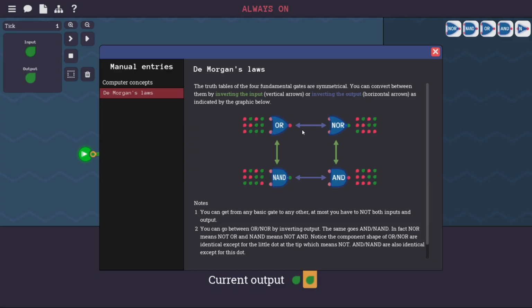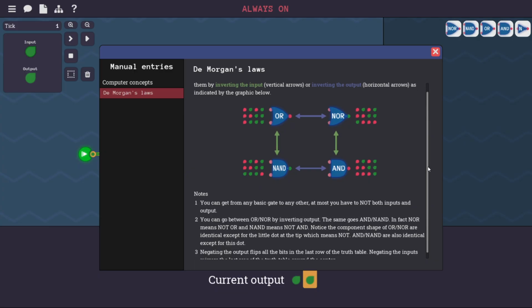As you remember from the previous class, the circle represents a NOT, or an inverter, so from doing that you get a NOR. And if you have an AND gate and you invert the first and second inputs, and then invert the output, you get the OR gate. That's De Morgan's law.